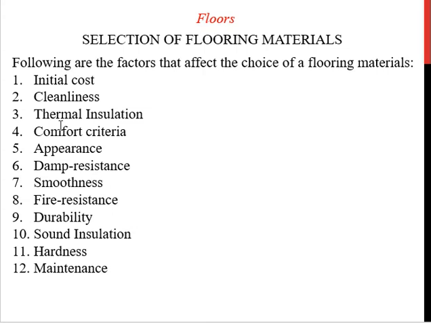So we will go for the sound insulation type. So the criteria is governed by where we are actually constructing those floors. These are the selection criteria which affect the material we use for the construction of the upper floor or the ground floor in any residential, commercial, complex type of building.